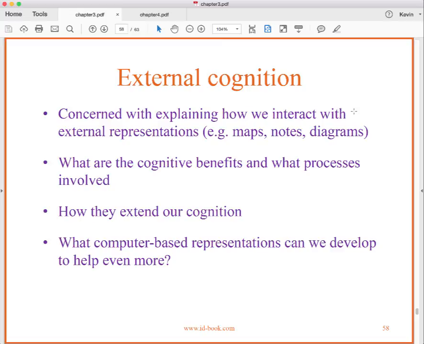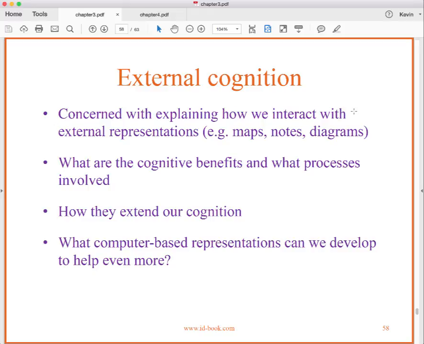External cognition is concerned with explaining how we interact with external representations of information: maps, notes, diagrams, etc. We need to know what the cognitive benefits are of this externalizing, and what the processes are that are involved.